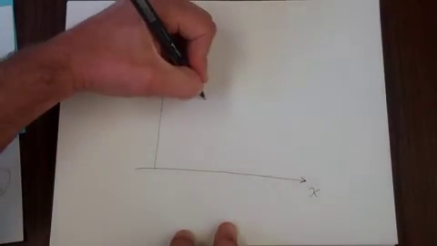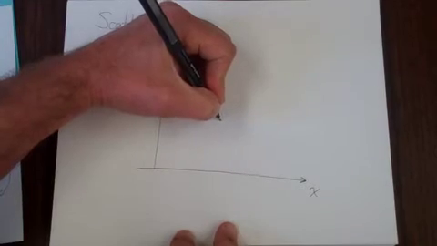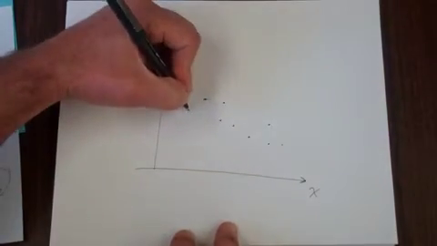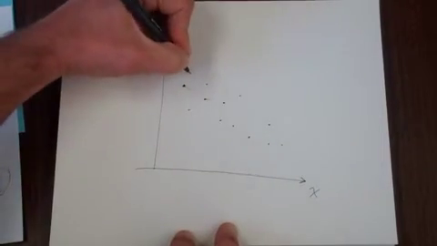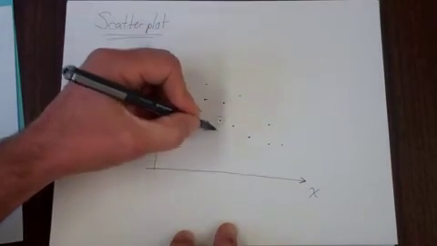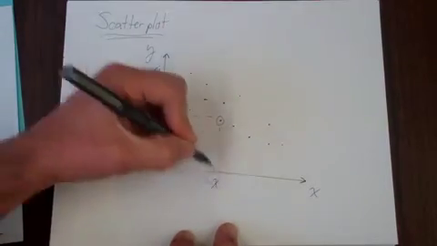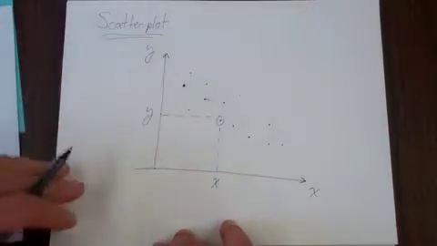So a scatter plot might look something like this. And if we take a single point here, this gives you a given value of x and a given value of y for that one observation.